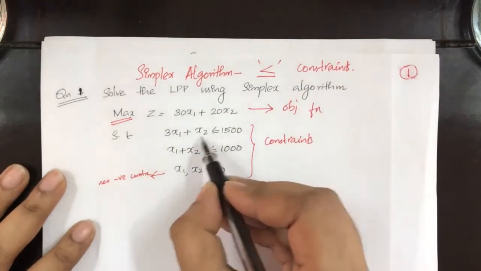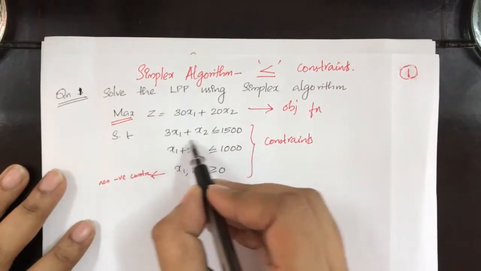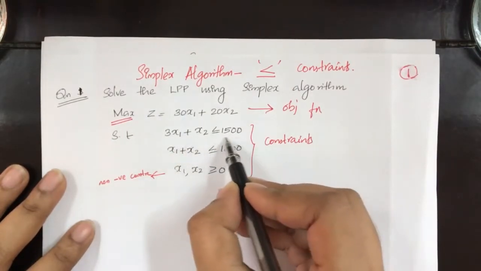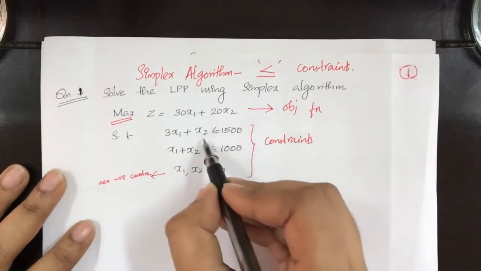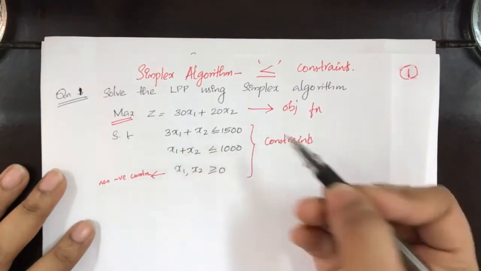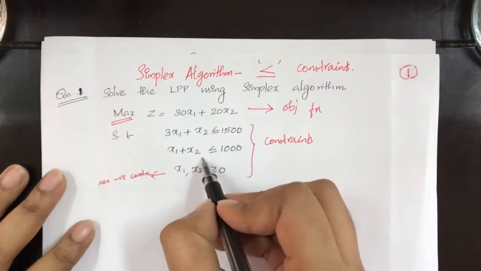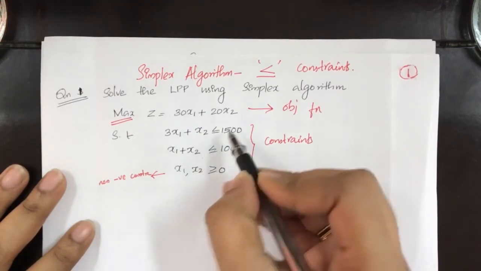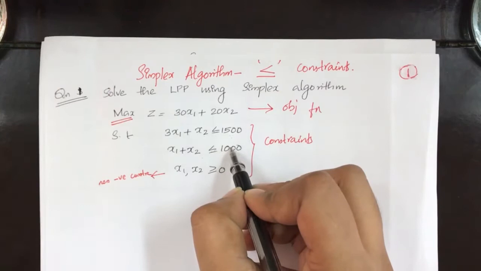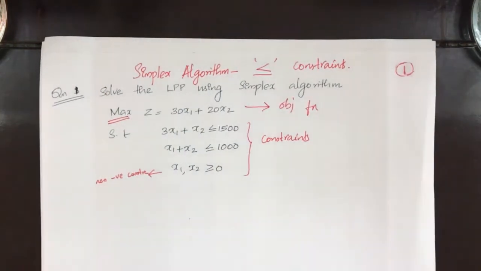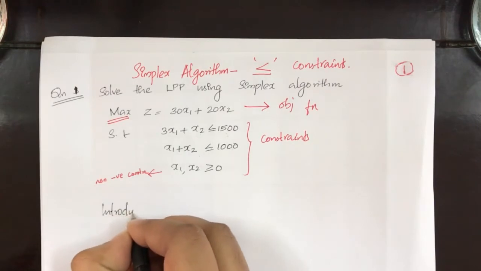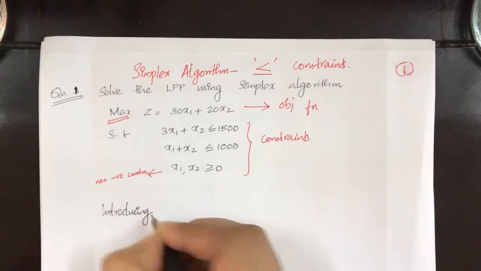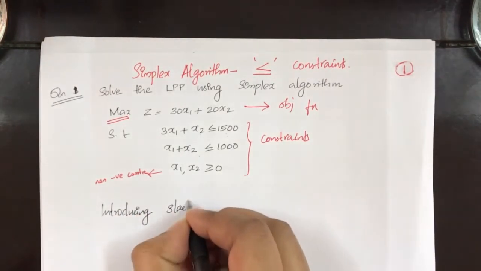Less than means this side is lacking something in order to equate it with 1500. So I am introducing a new variable S1 in the first constraint, and similarly S2 in the second constraint, in order to make these equations. So the first step is introducing slack variables.